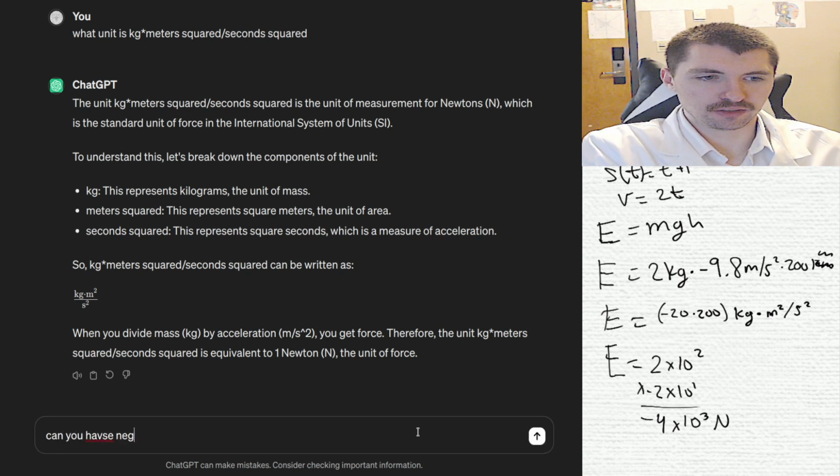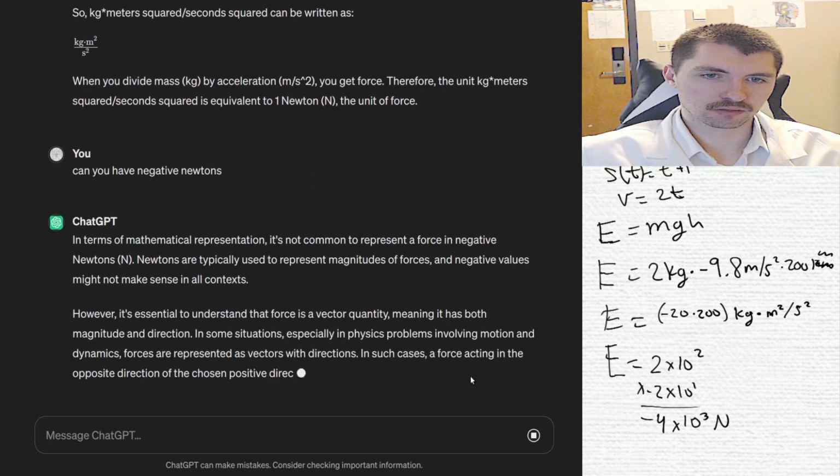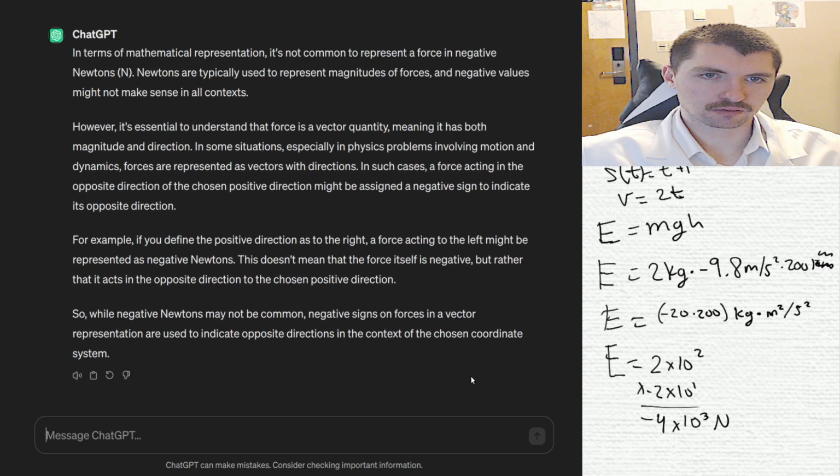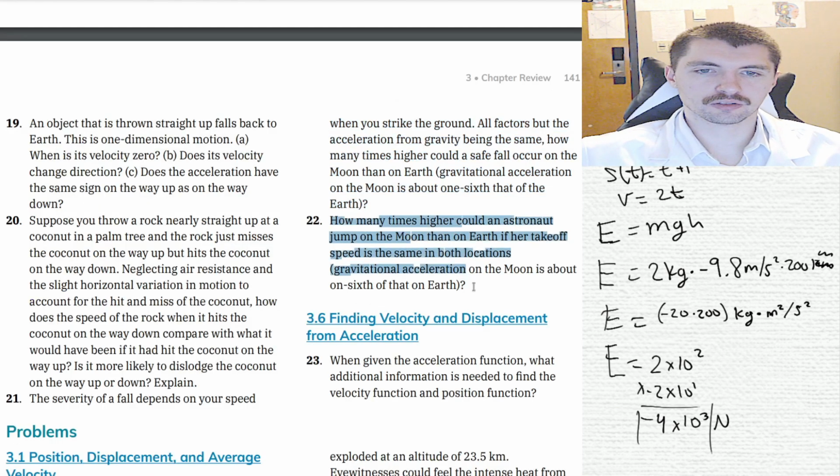And you have negative newtons. Okay, so we're just going to take the absolute value of this. Say that's the amount of newtons.